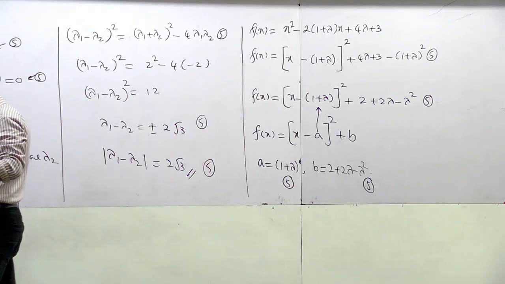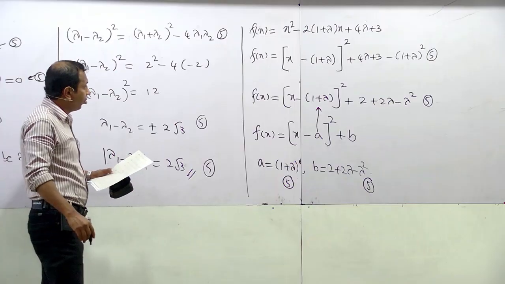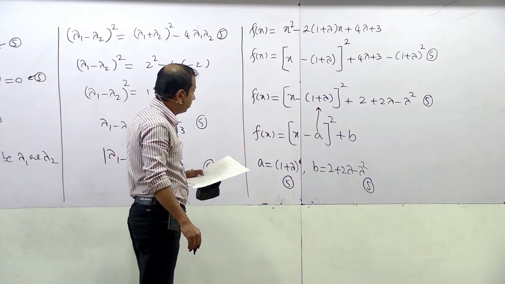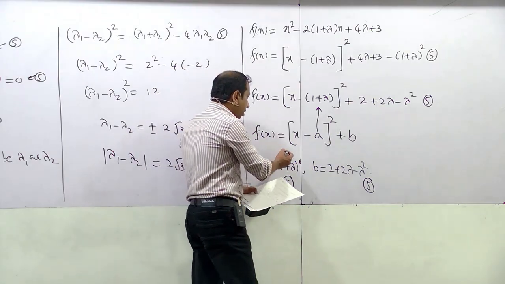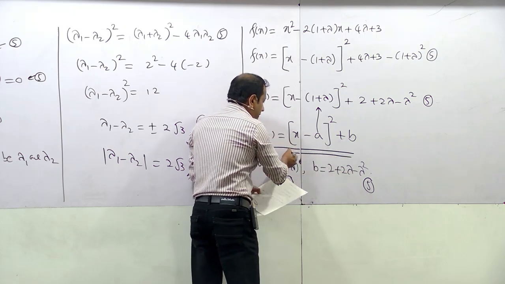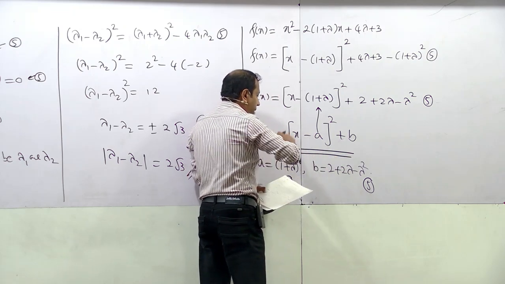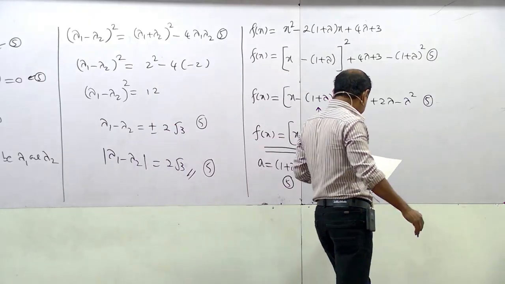And find the value of lambda such that fx has a minimum at x equals minus 2. Right. Minimum occurs at x equals minus 2. You know, when we have something like this, the minimum value of fx occurs at x equals a.